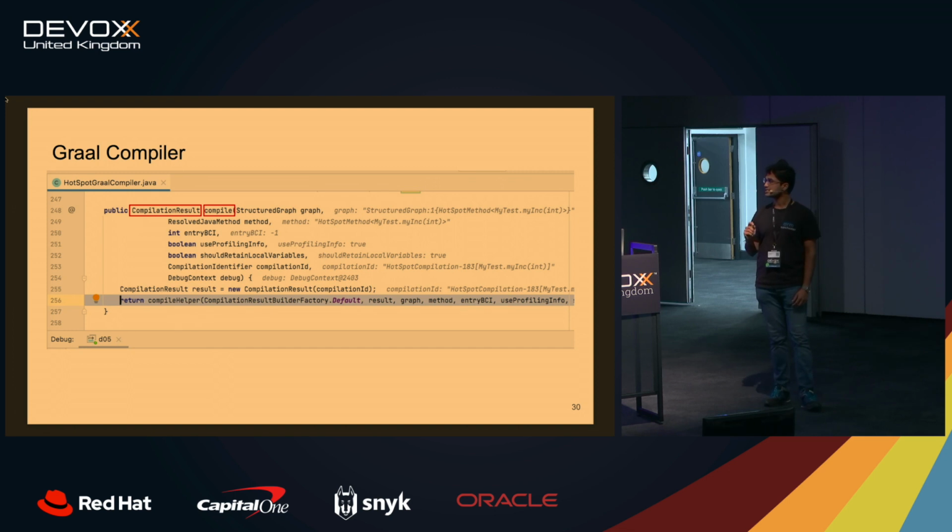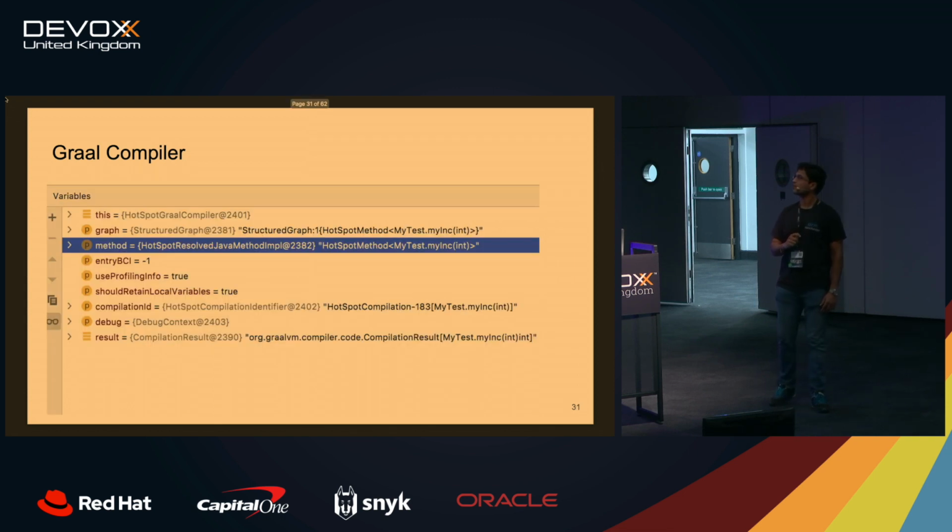So this is the input argument. We want to see whether it is passing the bytecodes for our myIncrement method. We also have this graph here, which is the intermediate representation, again, for the myTest.myIncrement method, and we will see whether we can find all the information that we were looking for.